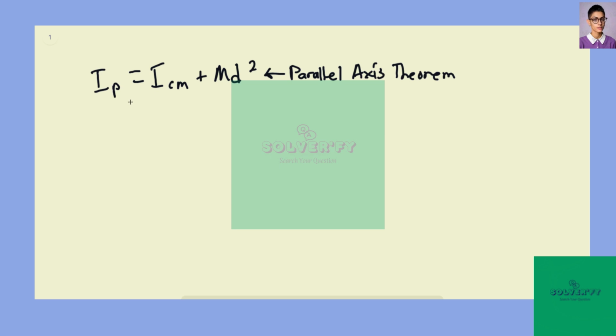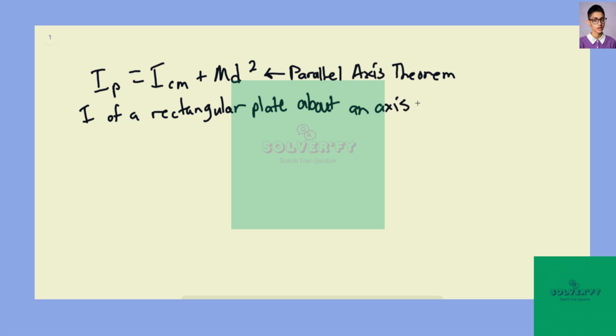So here we're going to write down I of a rectangular plate about an axis along the edge. And this is going to be equal to I_P. So this would be I_P equals ML squared over 3.